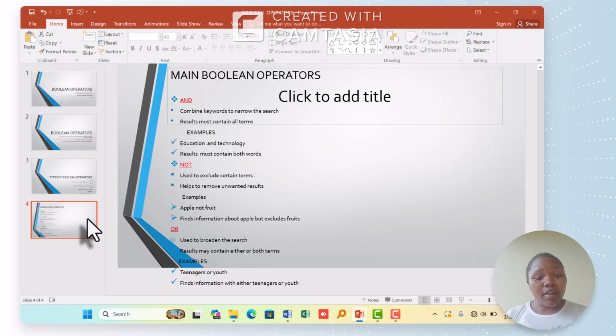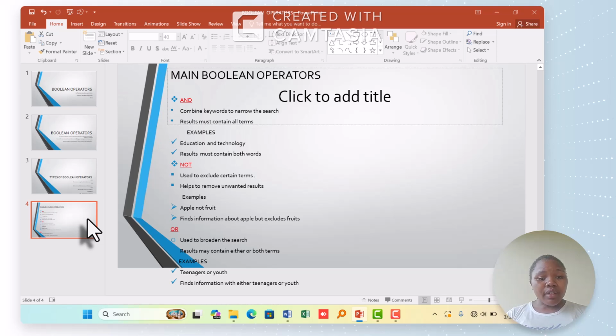For example, if we had apples or mangoes, you can say this one not a mango, or a fruit not veggies. Yes, it excludes the other, meaning the other was not important in your search.